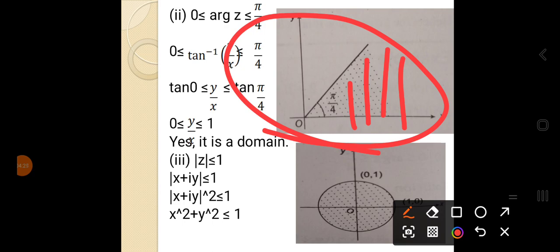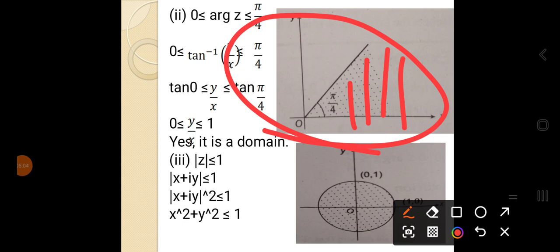Now the third one: modulus z less than or equal to 1. Here z is x plus iy, so modulus of x plus iy is less than or equal to 1. We square both sides, and 1 squared is 1.